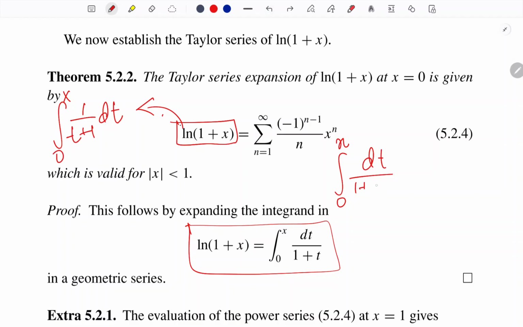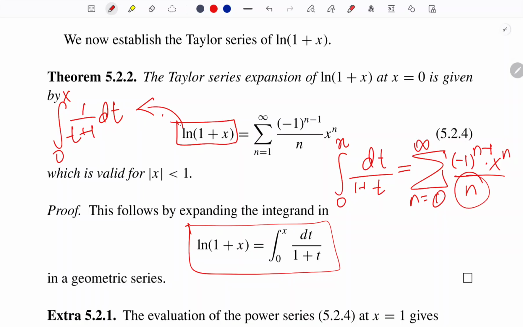That's what the author has represented here. So now you can see that the integral from 0 to x of dt over 1 plus t is the infinite series from n equals 1 to infinity of negative 1 to the n minus 1 times x to the n over n. And why does n not begin with 0? Because there is an n in the denominator.